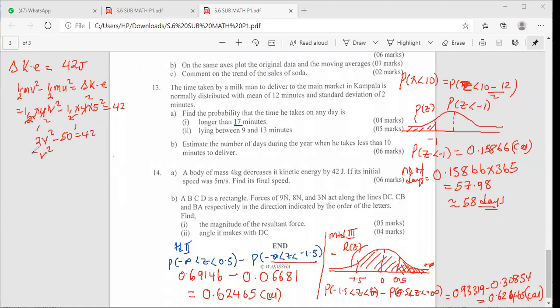2v squared is equal to 50 plus 42, which gives 92. When I divide both sides by 2, I get v squared is equal to 46.